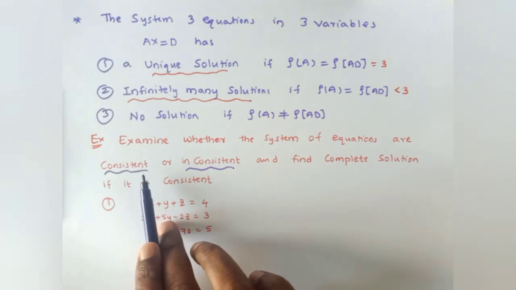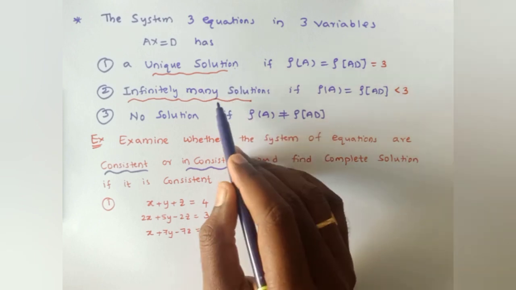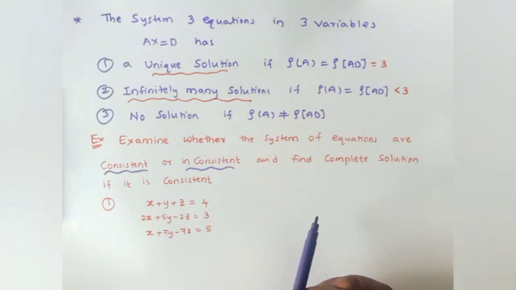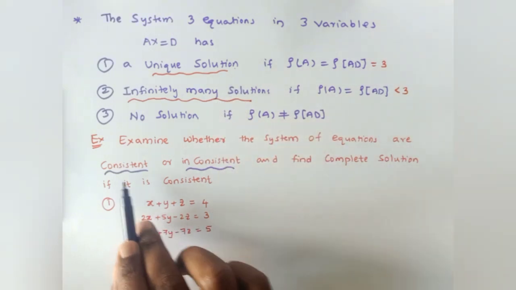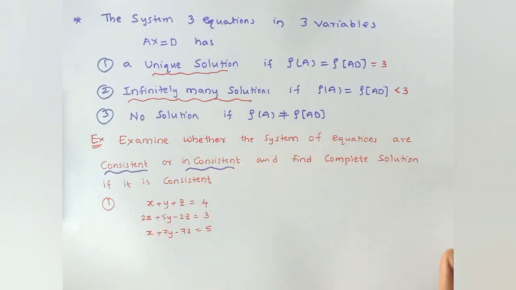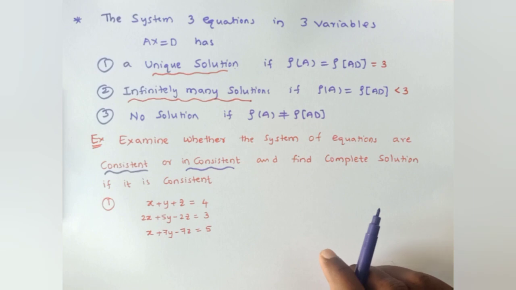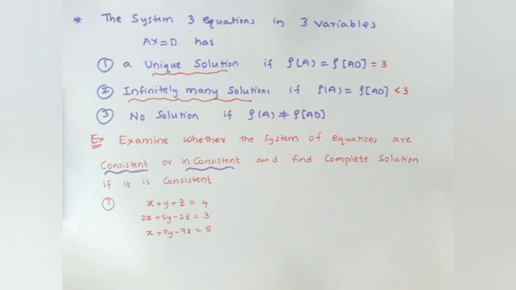And if it is consistent, there are 2 cases: unique solution or infinitely many solutions. So the question is consistent or inconsistent. If it is consistent, then find the complete solution, meaning find the x, y, z values. If it is inconsistent, there is no need to find the values of x, y, z, because it has no solution.